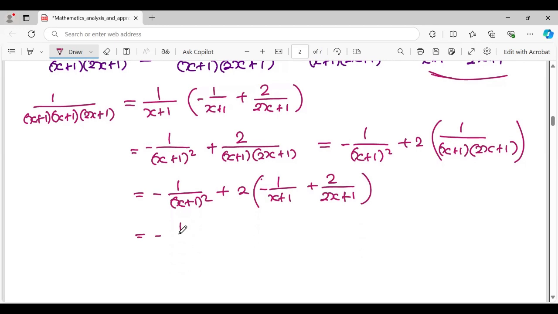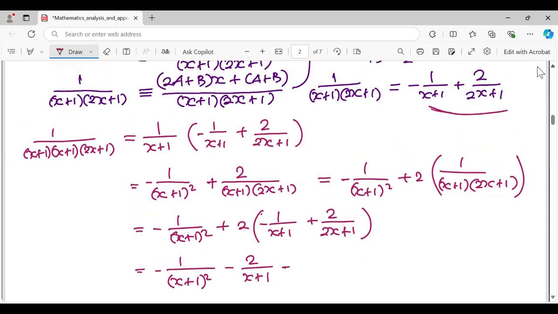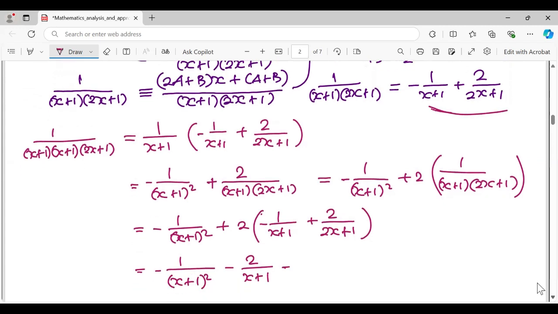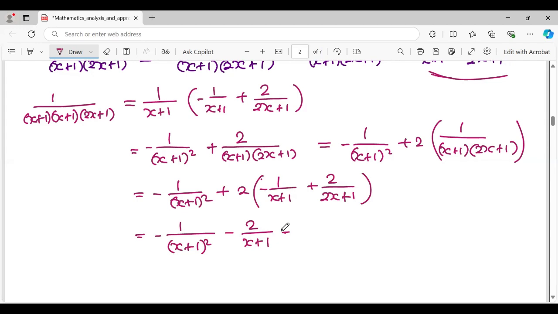And it becomes minus 1 over x plus 1 squared, okay, minus 2 over x plus 1, and then plus 4 over 2x plus 1.